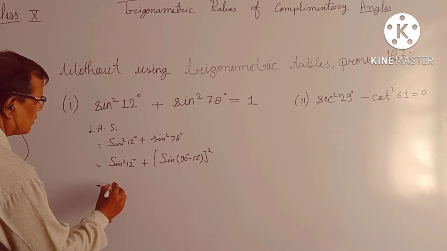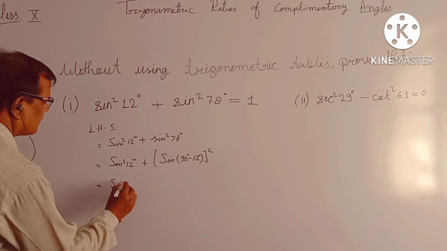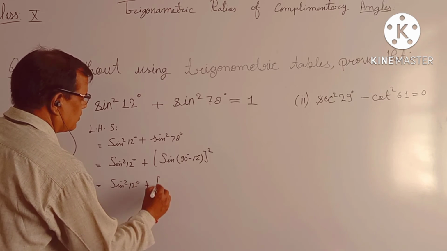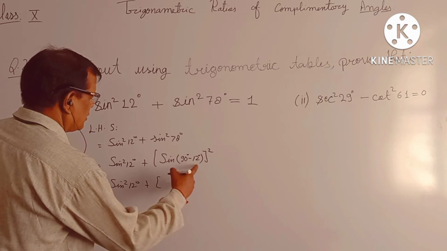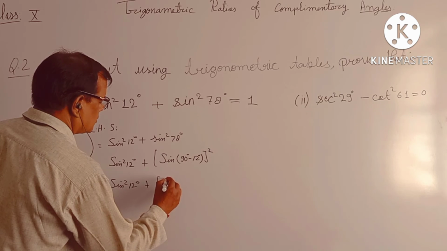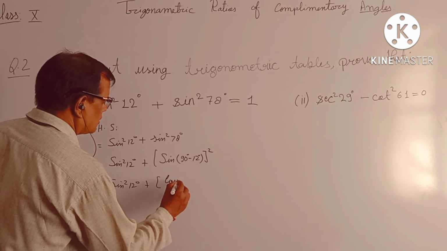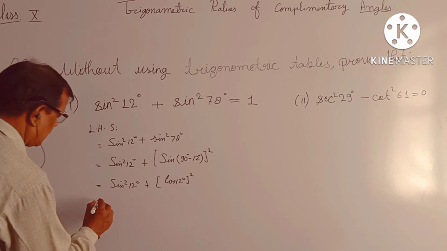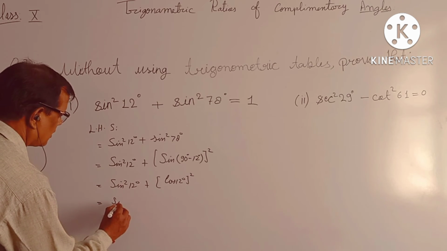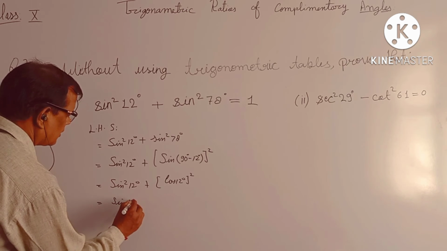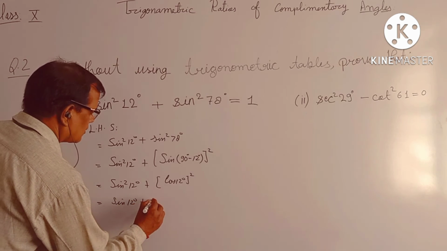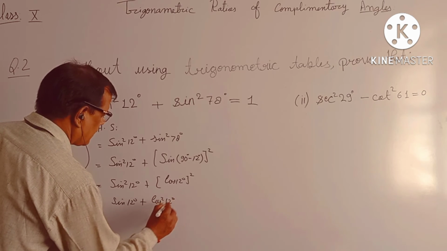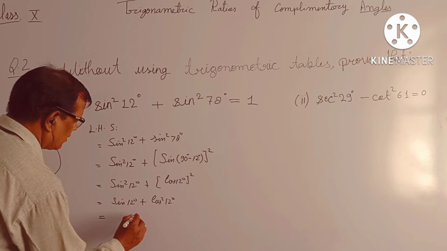Now sine square 12 degree plus, we change it, sine 90 minus theta is cos theta, so cos 12 degree whole square. Sine square 12 degree plus cos square 12 degree is 1.